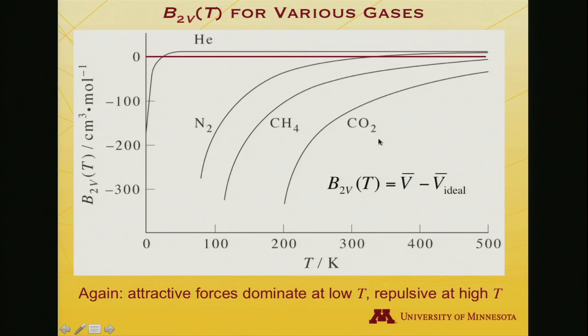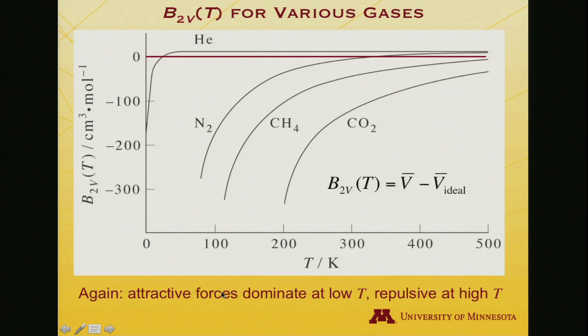Nitrogen, methane, carbon dioxide, they all show the same behavior, that at lower temperature, they are occupying less volume than an ideal gas. They are sticking together, for lack of a better way to think about it. As you warm them, they all increase, and they all do ultimately pass through. On this scale, we don't see CO2 pass through here, but clearly they're all approaching that ideal line ultimately.